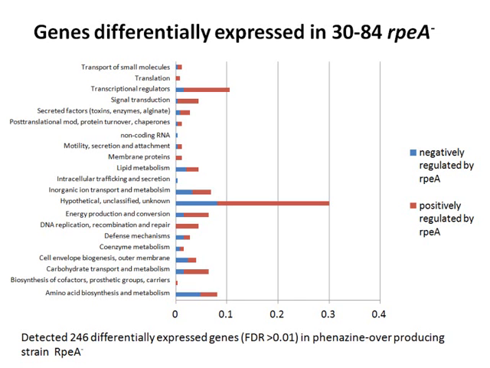For the first comparison, we compared wild type with RPEA, a strain that overexpresses phenazines. We detected 246 differentially expressed genes, and the largest majority of these were hypothetical and unclassified. Some of these genes would be really interesting to focus on for knockouts or overexpression analyses. The class with the second most genes was transcriptional regulators.